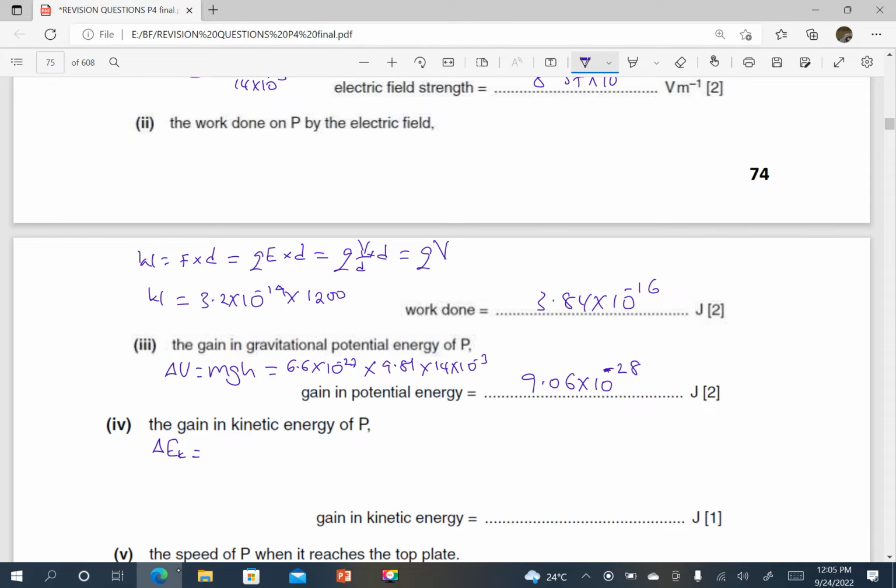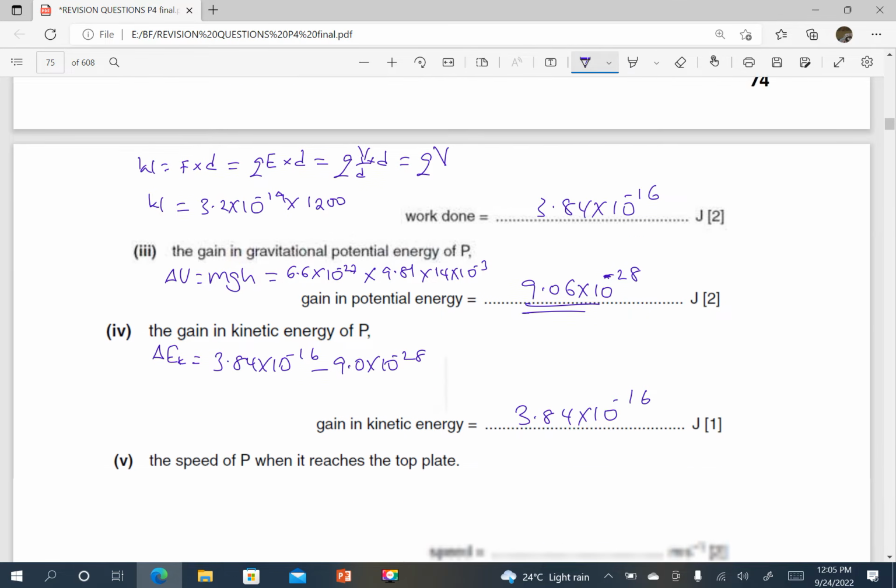The work done must be equal to the gain in potential energy plus the gain in kinetic energy. So the gain in kinetic energy is going to be equal to the work done, 3.84 times 10 power negative 16, minus the gain in potential energy, 9.06 times 10 power negative 28. Of course, this is a very, very small value compared to the other one. So most likely the gain in kinetic energy is almost 3.84 times 10 power negative 16 joules.